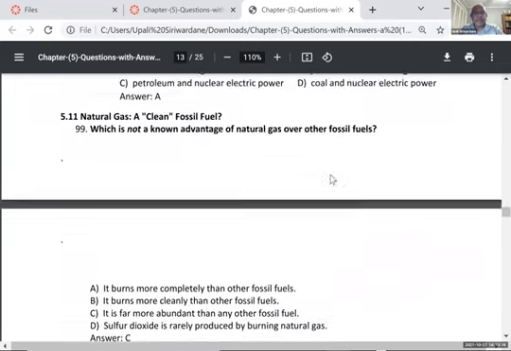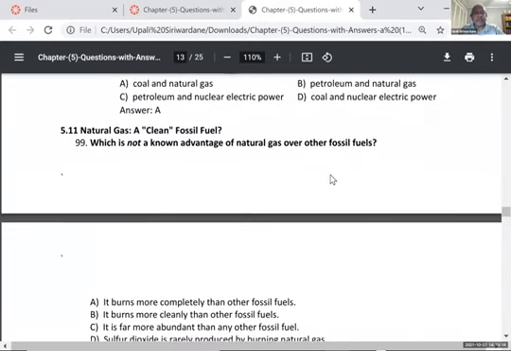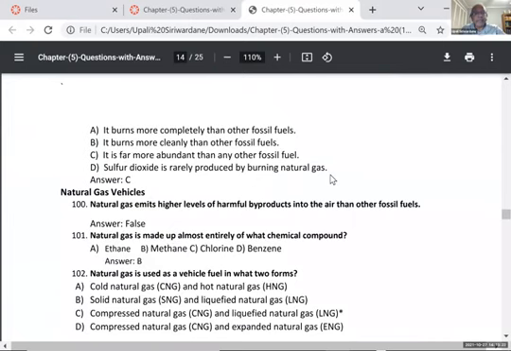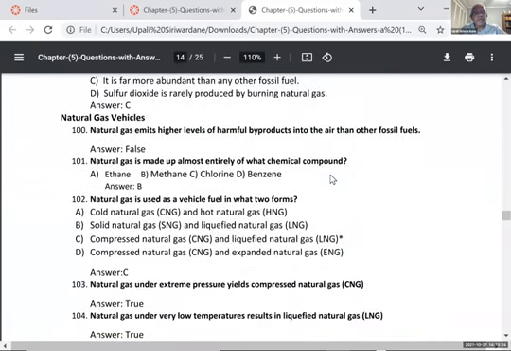Natural gas is limited. Okay, that's C. About natural gas vehicles: natural gas emits higher levels of harmful byproducts into the air than other fossil fuels. That's false. Natural gas has less pollutants.